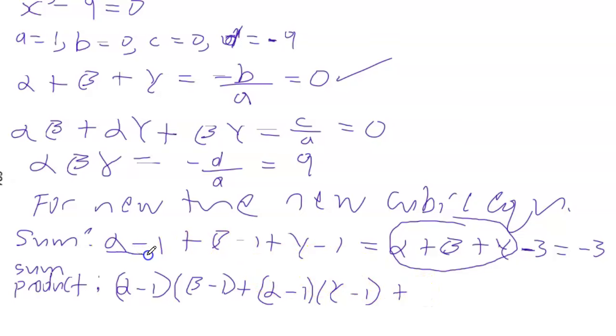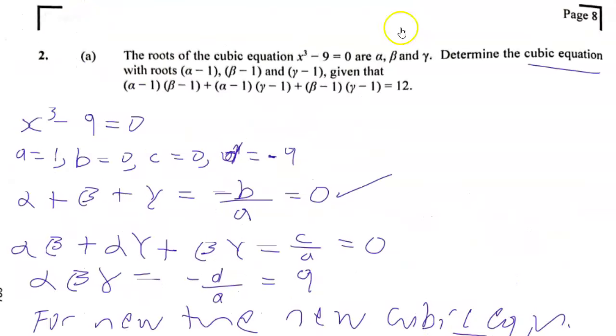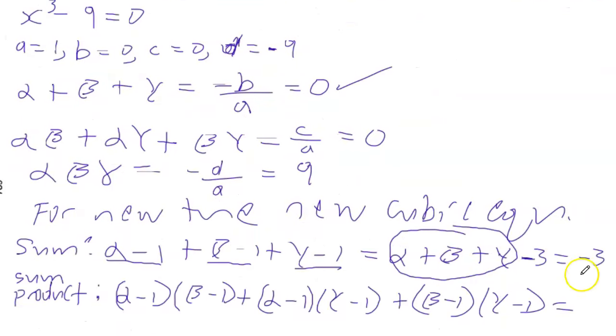So these are the three roots, alpha minus 1, beta minus 1, gamma minus 1, and this is the sum product of the three roots. Now the question already told us that all of this is equal to 12. So alpha minus 1 times beta minus 1, alpha minus 1 times gamma minus 1, and beta minus 1 times gamma minus 1, the sum product of those three roots, equals 12. So no calculation needed there.